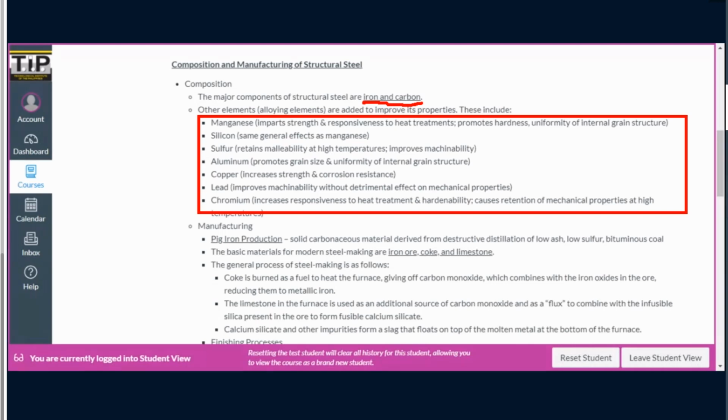So what do these elements do to improve the properties of structural steel? For manganese, it imparts strength and responsiveness to heat treatments, and promotes hardness and uniformity of internal grain structure.